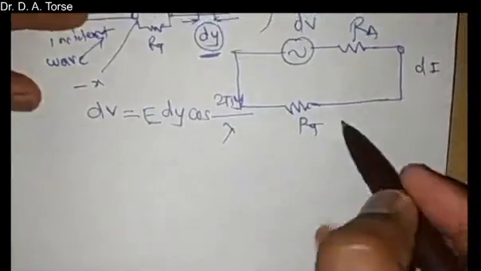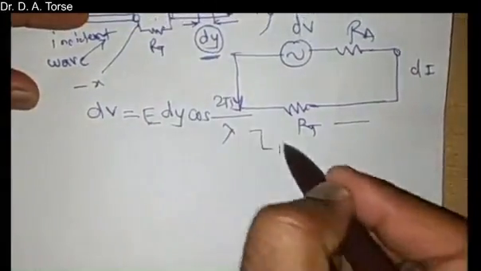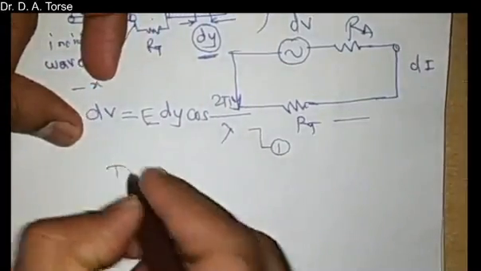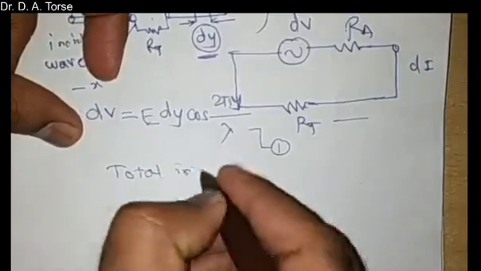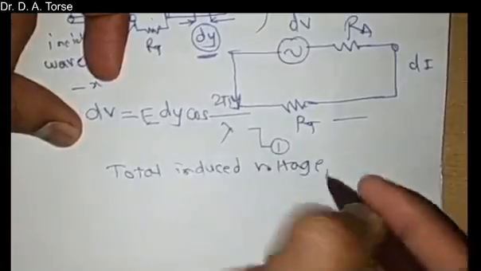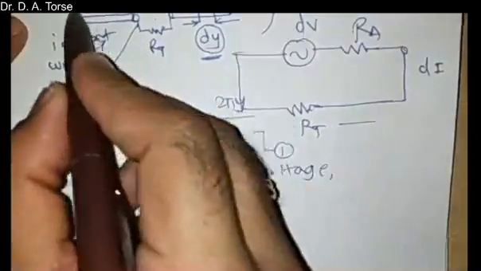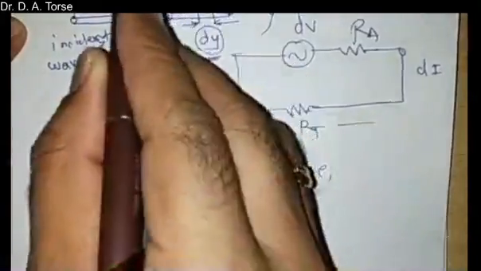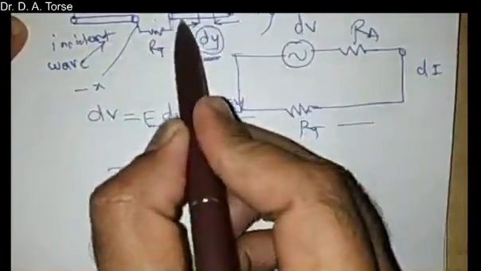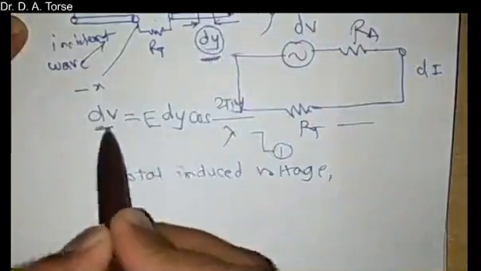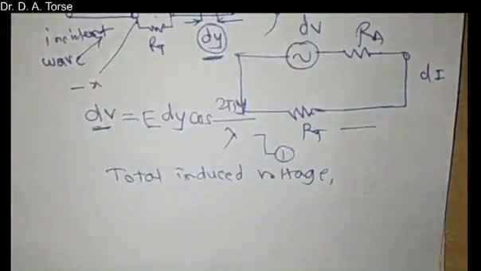So let's integrate this equation to find the total induced voltage. The total induced voltage needs to be found over the entire length of the antenna. The entire length of the antenna is lambda by 2, and we have considered only half of it to find the differential voltage dV.